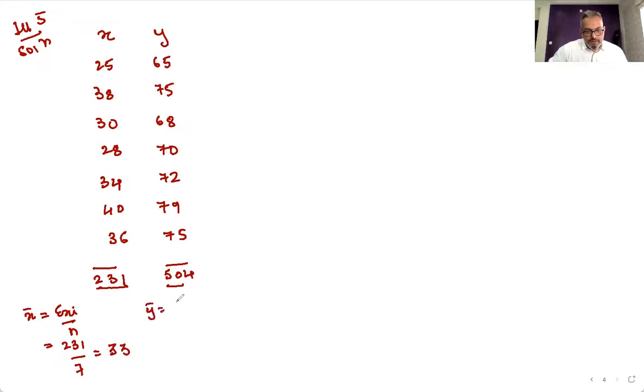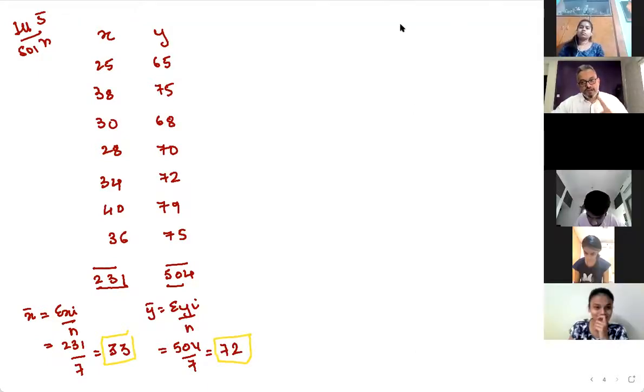Y bar is equal to sigma yi upon n, which is equal to 504 upon 7. 7 sevens are 49, 7 twos are 14, 72. So here you can see there is no fraction in both numbers. If there is a fraction then we cannot use this formula. We will go to formula number 2, formula number 3, which we'll see in the next lecture. Now, has everyone understood up to here?